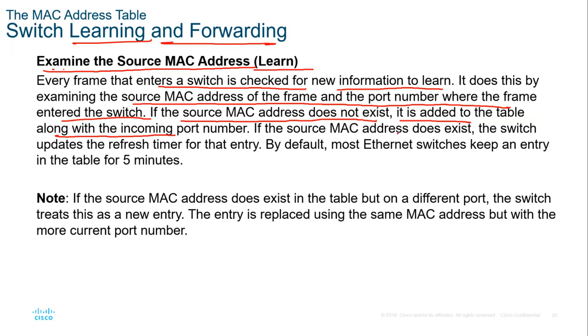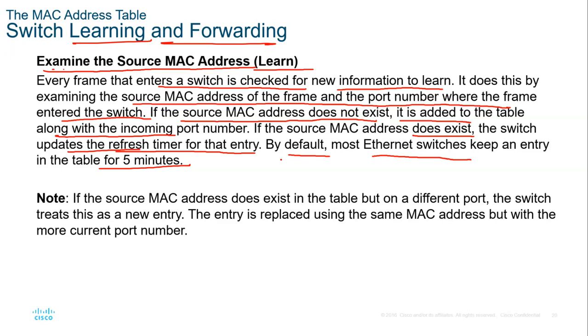If the source MAC address already exists, then the switch updates the refresh timer for the entry. By default, most Ethernet switches keep an entry in the table for 5 minutes, but every time a frame is received, the timer is refreshed.